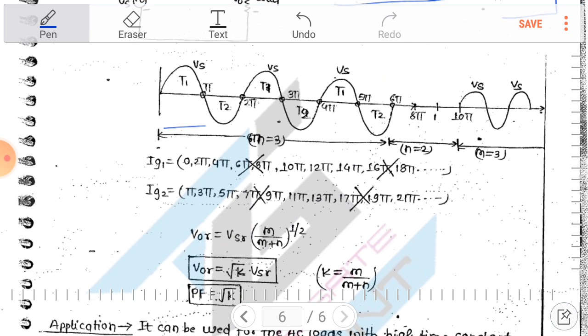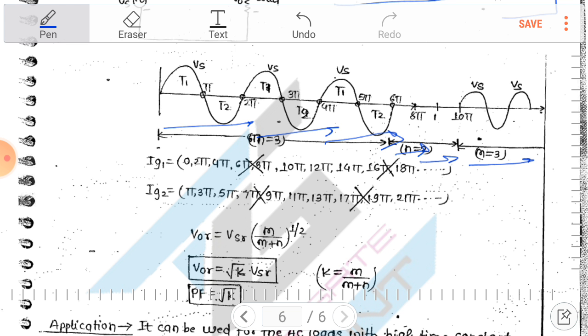Here 1, 2 and 3 cycles are passed to the load, and after that 6 pi to 8 pi and 8 pi to 10 pi 2 cycles are clipped, and after that from 10 pi again 3 cycles are switched on, and then 2 cycles will be clipped.